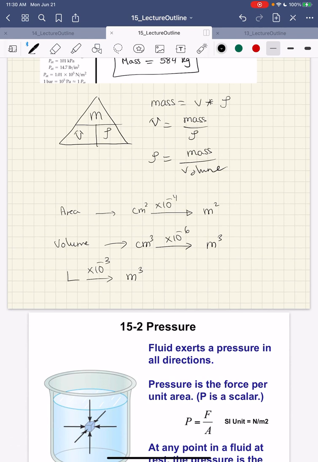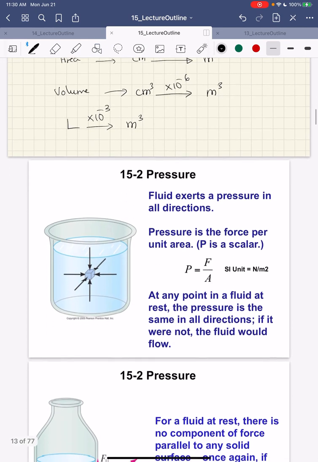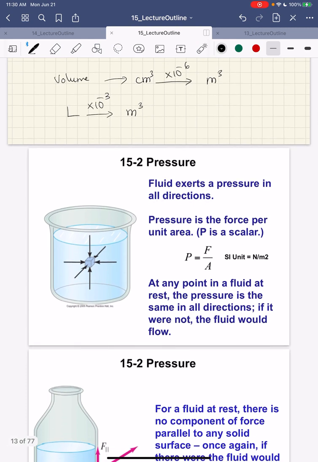Okay, this was about the first topic. Now we don't want to mix up density and pressure. These are two different quantities. For pressure, when the fluid exerts a pressure, it exerts it equally in all directions. Pressure is defined as force per unit area, which means force divided by area.